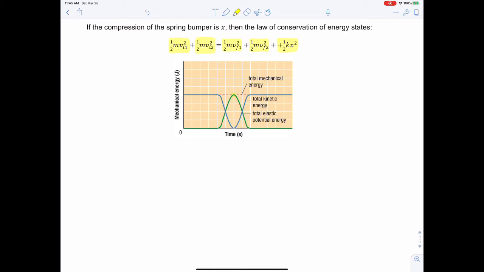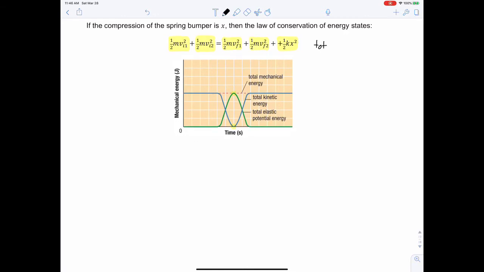The green line represents the elastic potential energy, and we notice that when it is a maximum, the kinetic energy is a minimum. So we can state that the total mechanical energy remains constant.